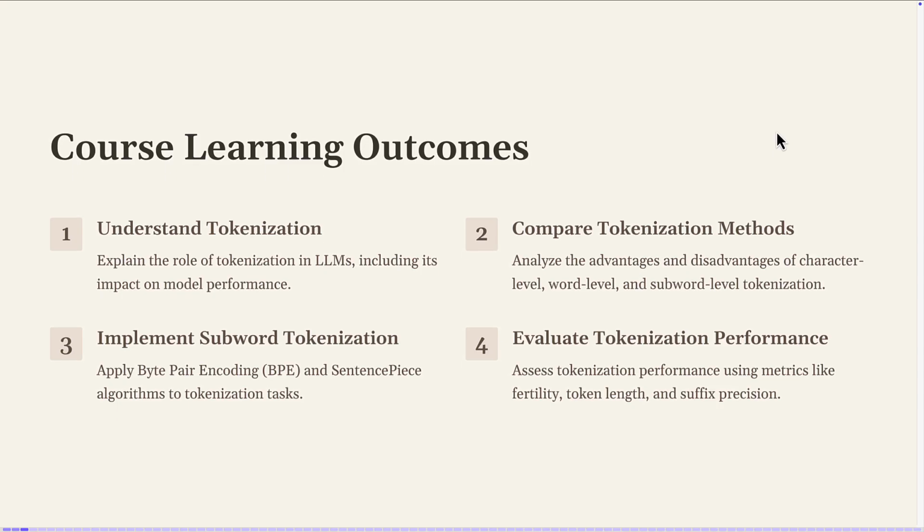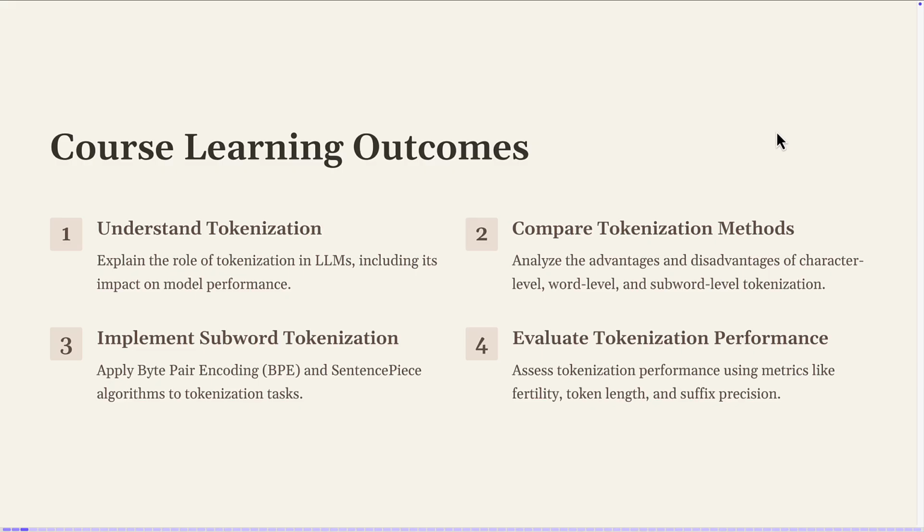So the learning outcomes: first, you will be able to understand the concept of tokenization and explore the role of tokenization in building large language models, including its impact on model performance. We will compare different tokenization methods, starting from the simplest one, which is character level, then word level, and then subword level tokenization, and the different techniques that we can use in subword level tokenization.